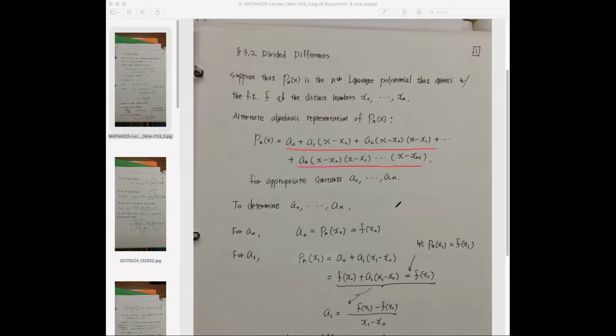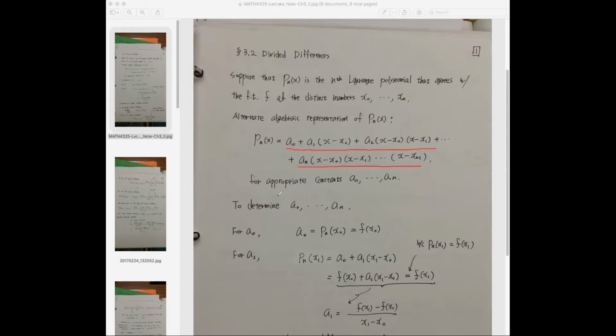So then we need to find the constants a0 through an. How can I find a0 through an? We're going to use the property of the Lagrange polynomial, which is that P_n of x must agree with the function f at each node.